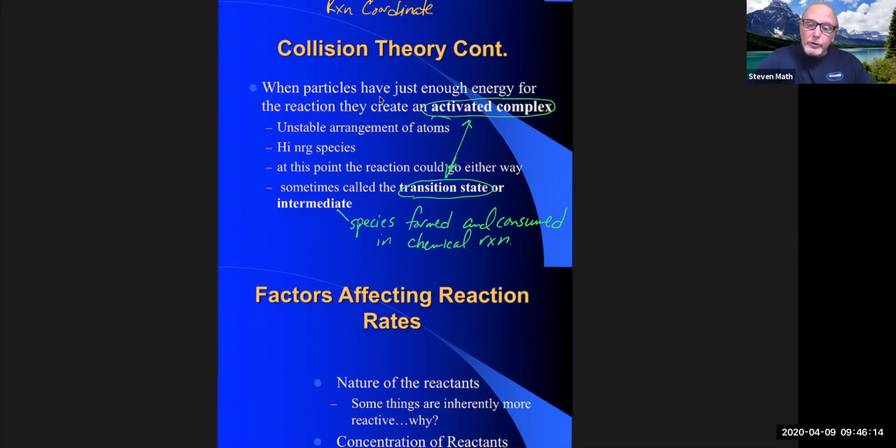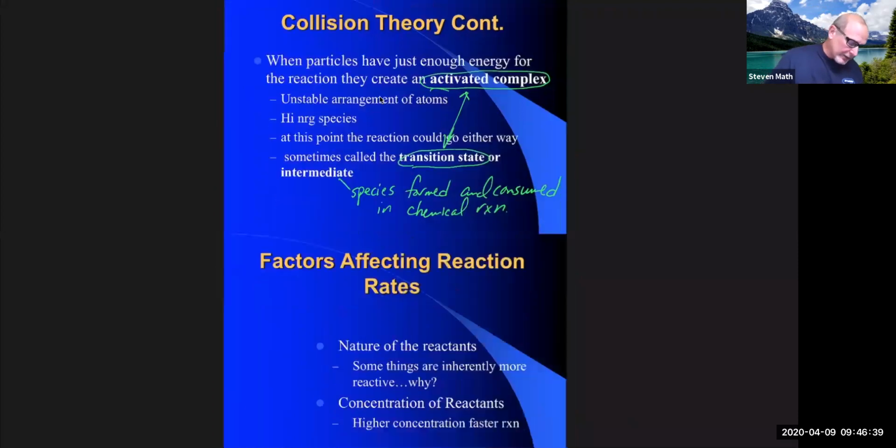Well, we're going to learn later on about mechanisms, and in mechanisms, we're going to make something in one step, and then in the next step of the mechanism, it's going to get consumed and used up to make something. Those are called the intermediates. Once again, we won't see them in the overall reaction, but we do see them in the mechanism that we're producing here. And so they're kind of cool from that standpoint.